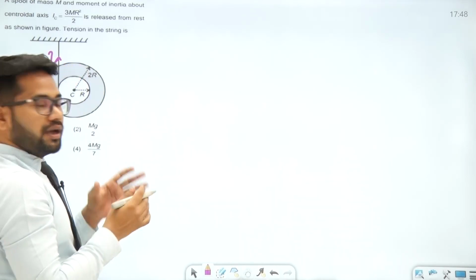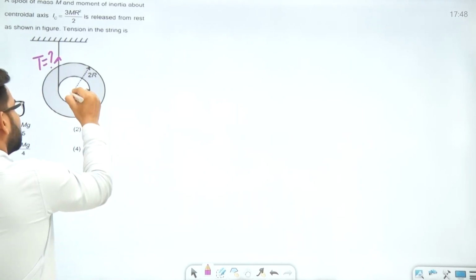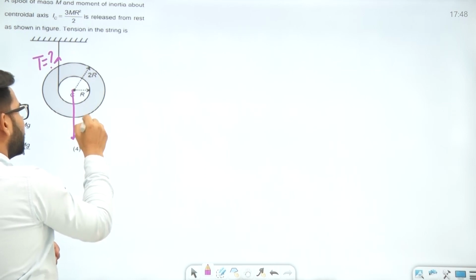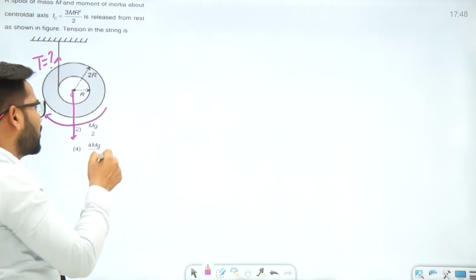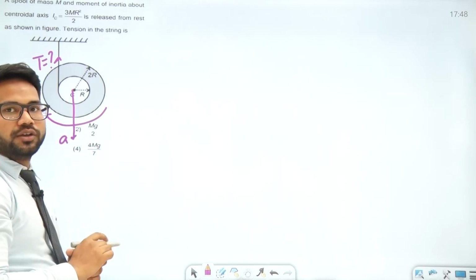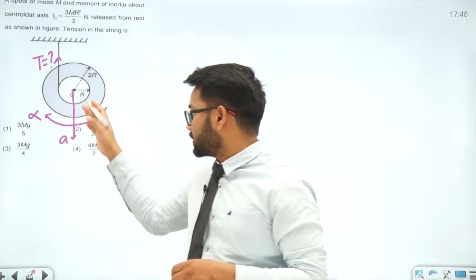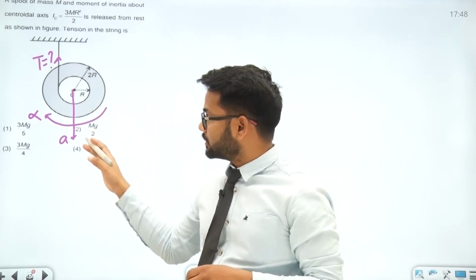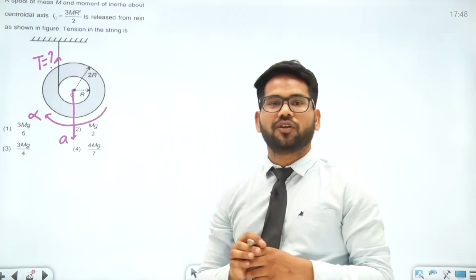So look, if you are going to release this from the rest, what will happen? This will go downward, right? And also it's going to rotate anti-clockwise, right? So we can say it can have a downward acceleration a and angular acceleration clockwise alpha.